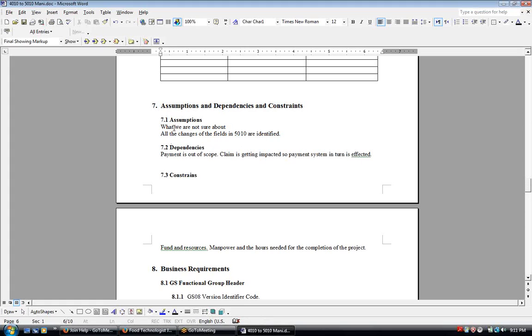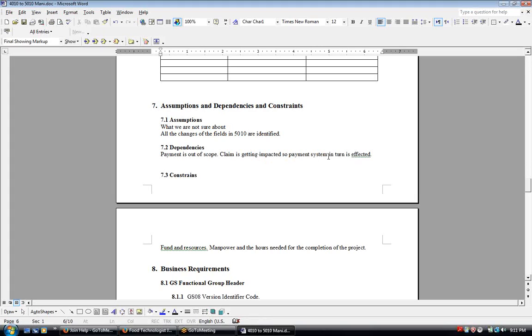Assumptions, like you said, just to share the work: I assume that all the fields in 5010 are identified. The dependencies are that payment is out of scope and claim is getting impacted, so the payment system is in turn affected.